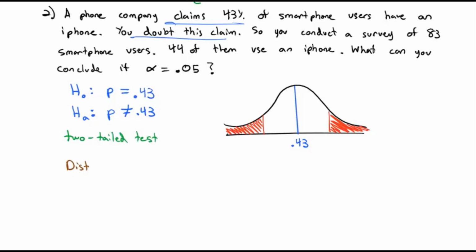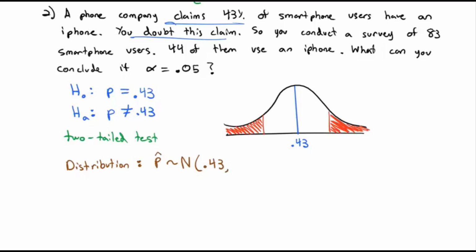The distribution, then, of the proportion, just to review, we know that the proportion of our sample will be normally distributed. And again, we're going to use the null hypothesis here.